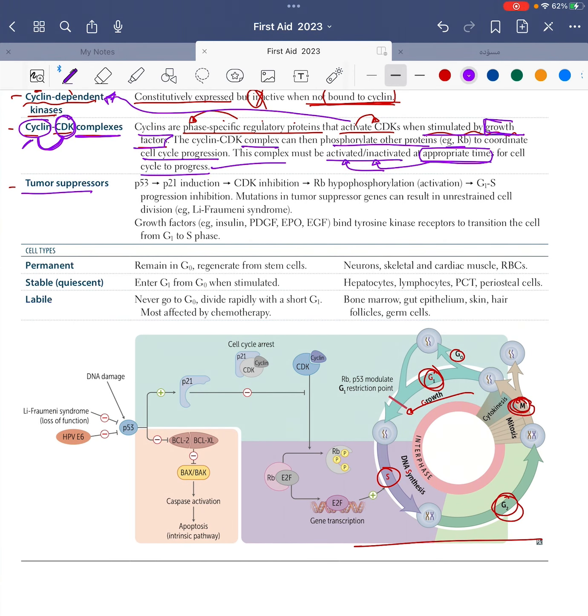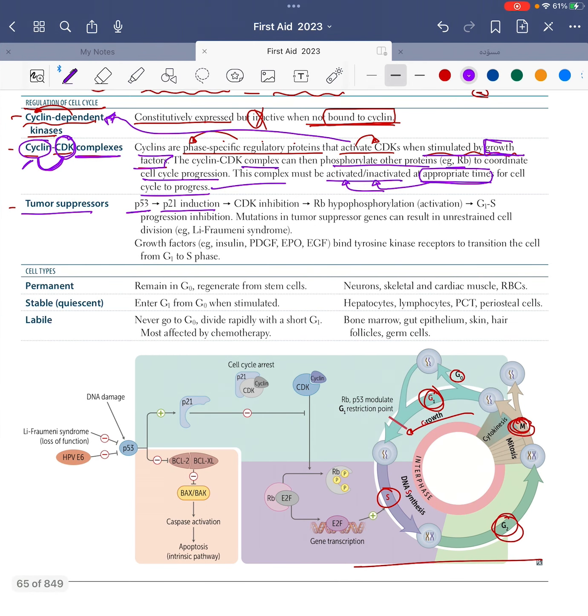The tumor suppressors, just like P53, lead to P21 induction, and that leads to CDK inhibition. And we said that the CDKs are just cyclin dependent kinases. So P53 causes an induction of P21, and then P21 causes CDK inhibition, and that would lead to RB hypophosphorylation.